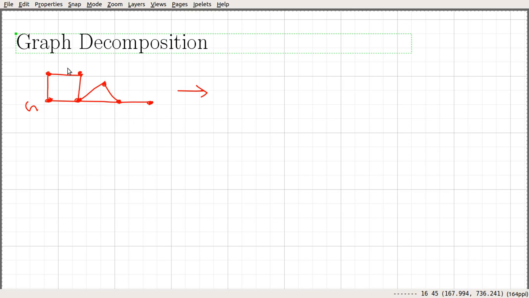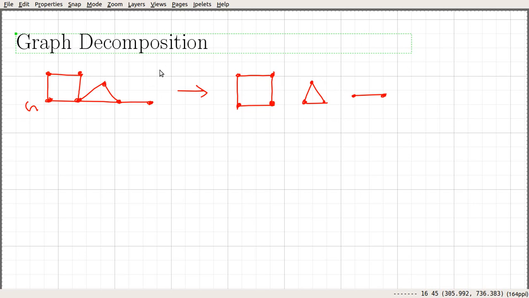For example, we could decompose this graph into a 4 cycle that corresponds to this portion of the graph, a C4, then this triangle and this path, a path on 2 vertices or P1. Here we can see that the edges are disjoint.